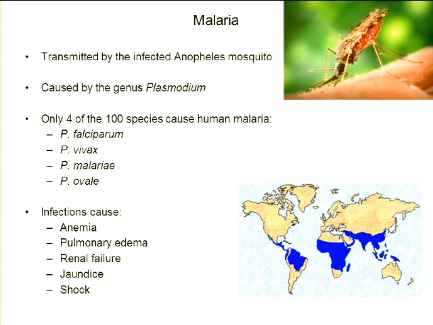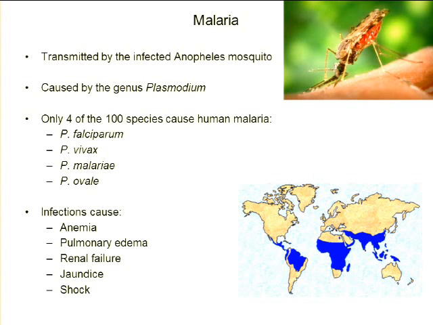Malaria is transmitted by the infected Anopheles mosquito, which is shown here, specifically the female mosquito, because the male is only around for a short while to make more females. So the female is the one that's going to transmit this organism from her saliva into the human bloodstream. Okay? The organism that causes it is within the genus Plasmodium, and there's 100 species within Plasmodium, and only 4 of them, the ones shown here, cause human malarias.